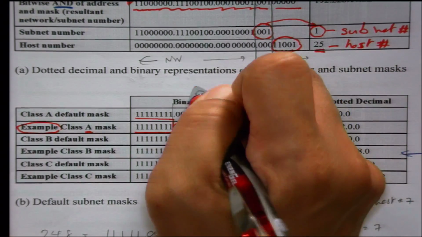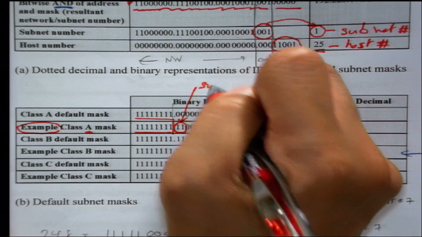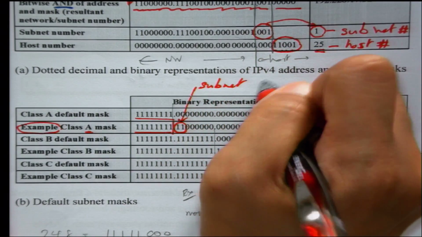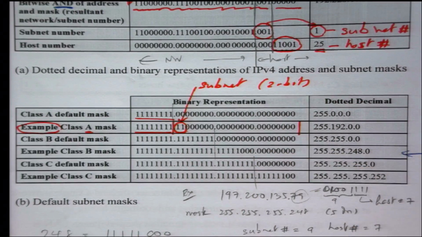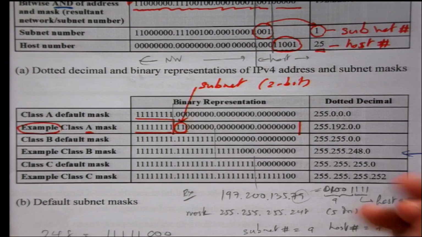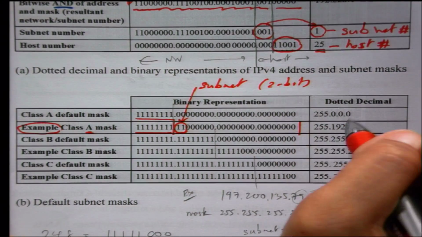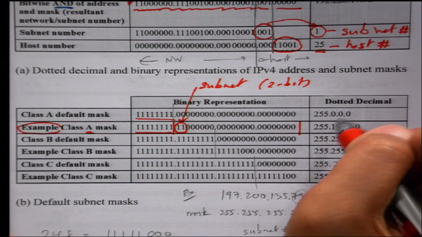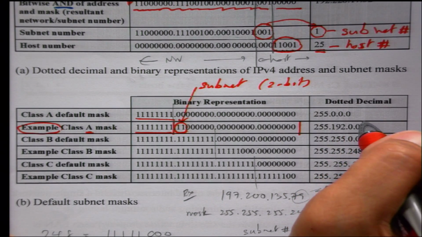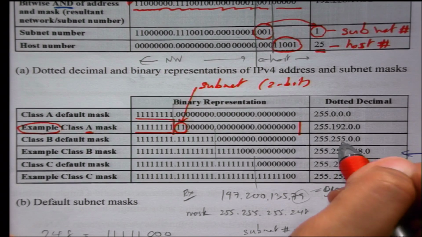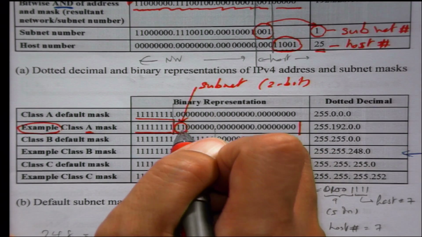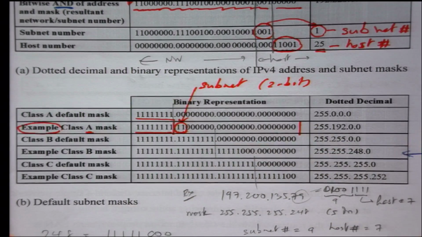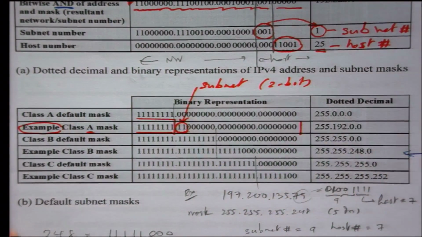In this case, 2 bits is the subnet, and then the rest is the host number. In dotted decimal, the class A default mask is 255.0.0.0. For the example mask it is 255.192.0.0, because this is 1, 1 and all 0, right? You convert to decimal, it is 192.